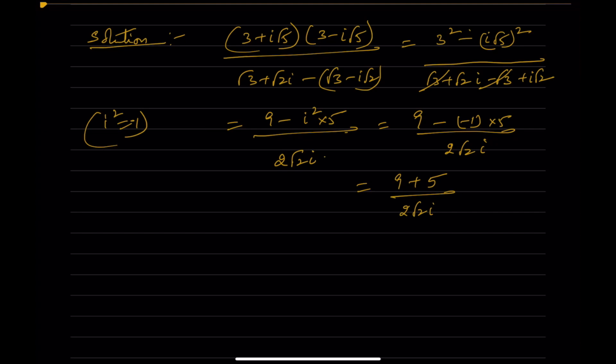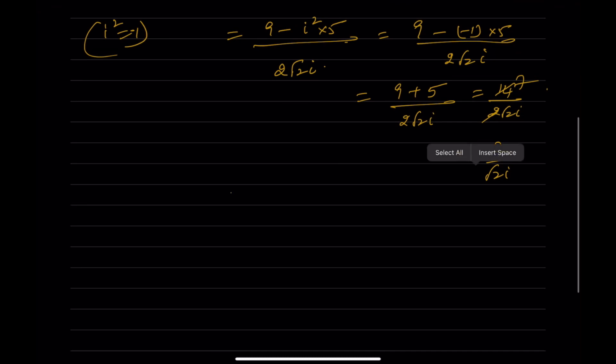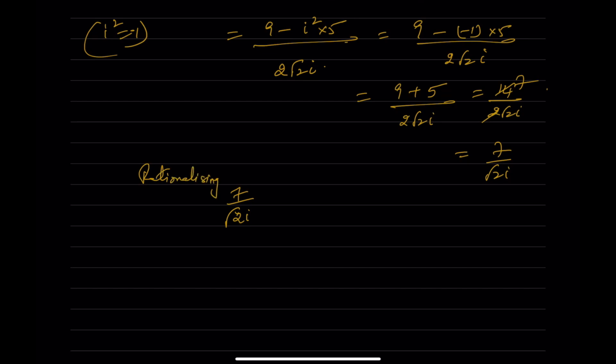Still, you are having in the denominator the i term. So you are getting 14 by 2 root 2i. So 2 sevens, it is equal to 7 by root 2i. Again rationalizing this, 7 by root 2i, you are multiplying it by root 2i by root 2i.